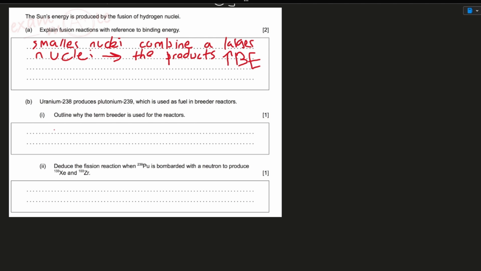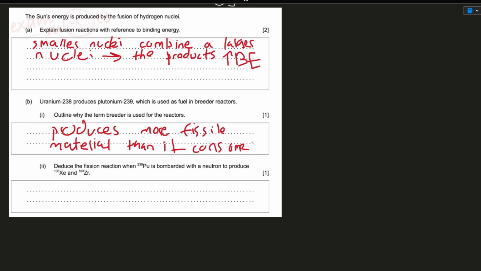So we can define this as it produces more fissile material than it consumes. Fissile is just any atom or element that is able to undergo nuclear fission. That's just a simple one marker, so we don't need to elaborate any more.